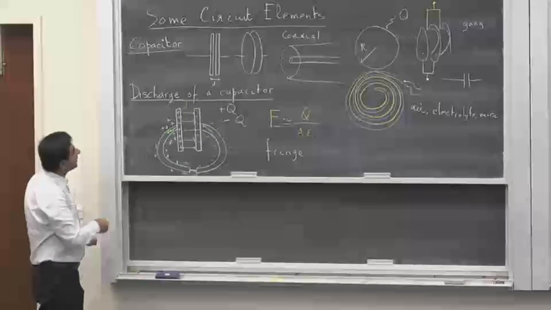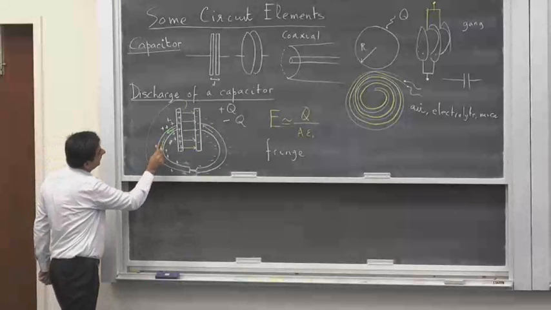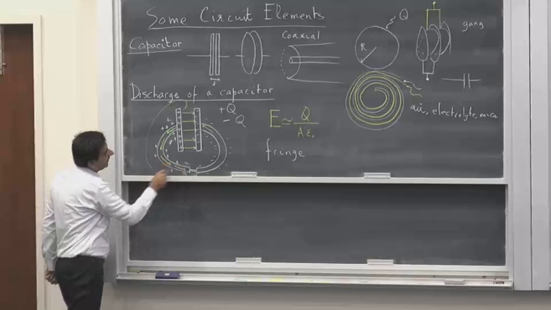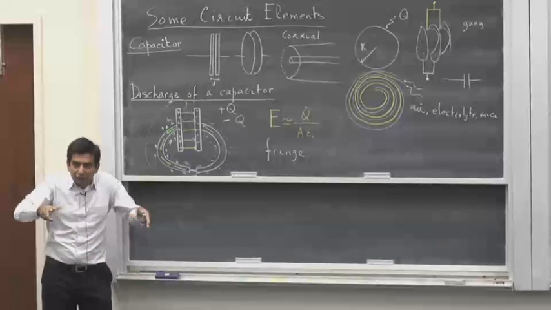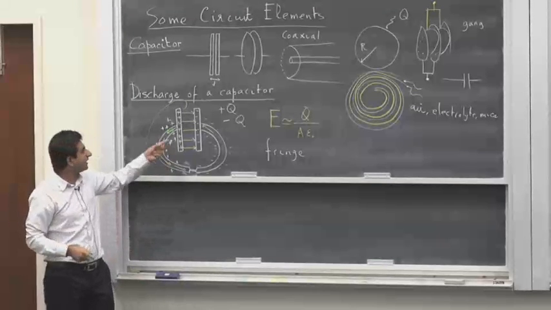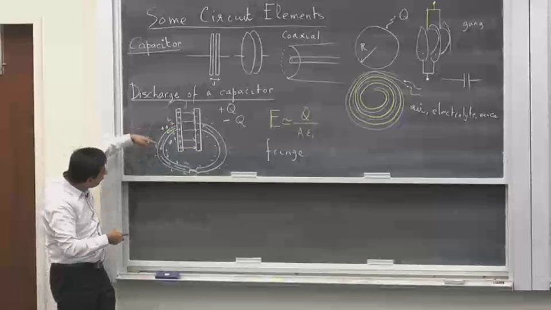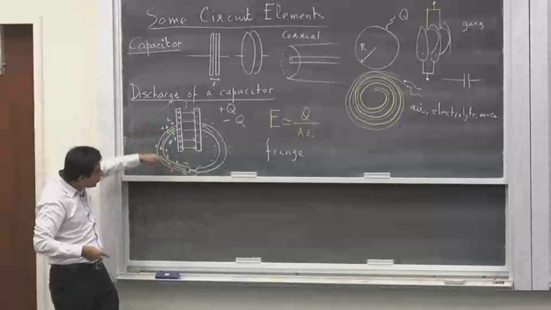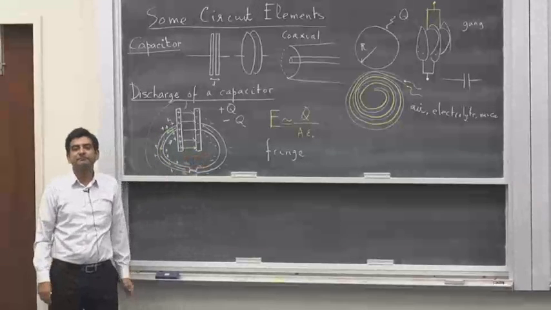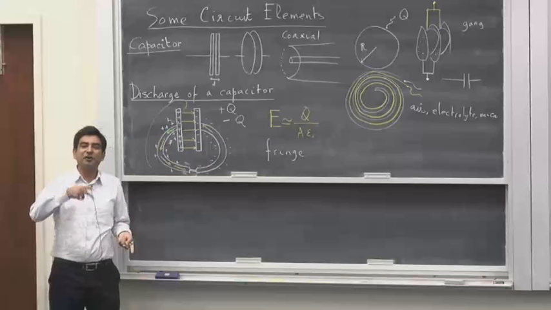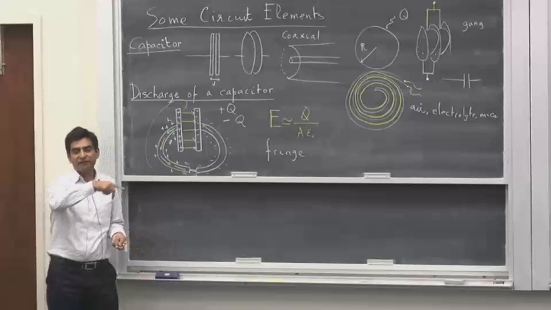So under the action of the electric field that is set up inside the wire, because of this outward propagation of information that the wire has been connected to the capacitor, local electric fields are set up because of this charge gradient. And this charge gradient is produced because of the fringe field of the capacitor.